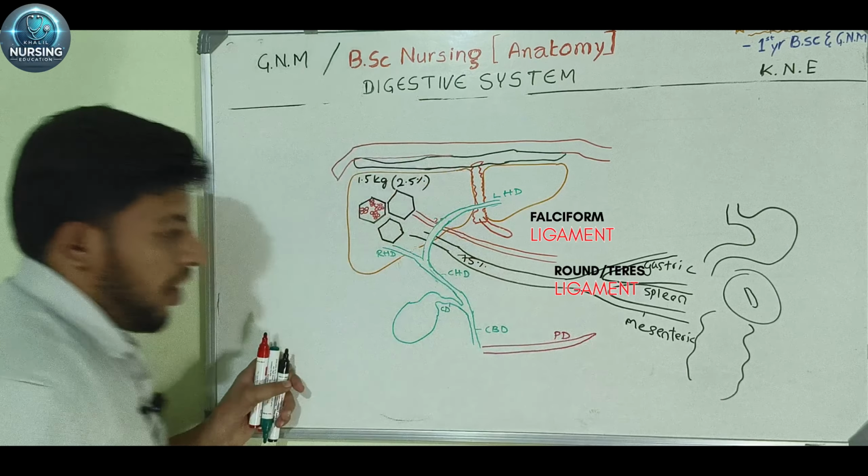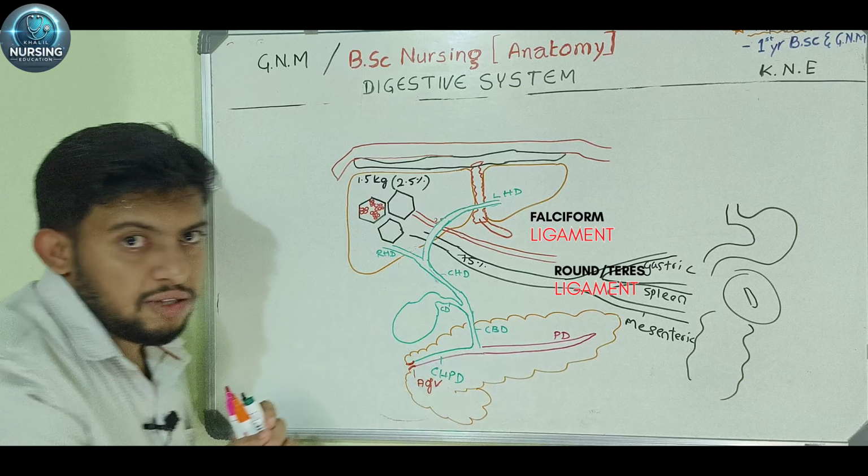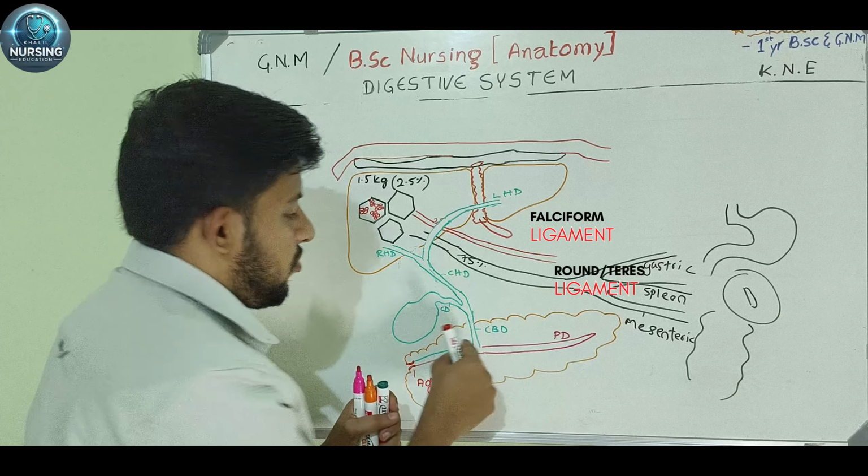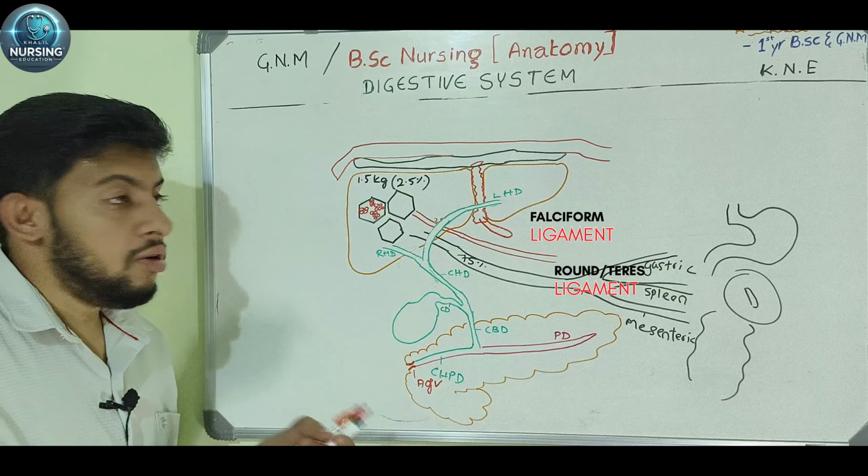We will draw the pancreas. Very importantly, this is the pancreas. Later on we need to know exactly where it drains. The pancreatic duct gives the pancreatic enzymes, and the common bile duct gives the bile, because it is secreted from the liver, through the left hepatic duct, right hepatic duct, common hepatic duct, and cystic duct, and it becomes the common bile duct.